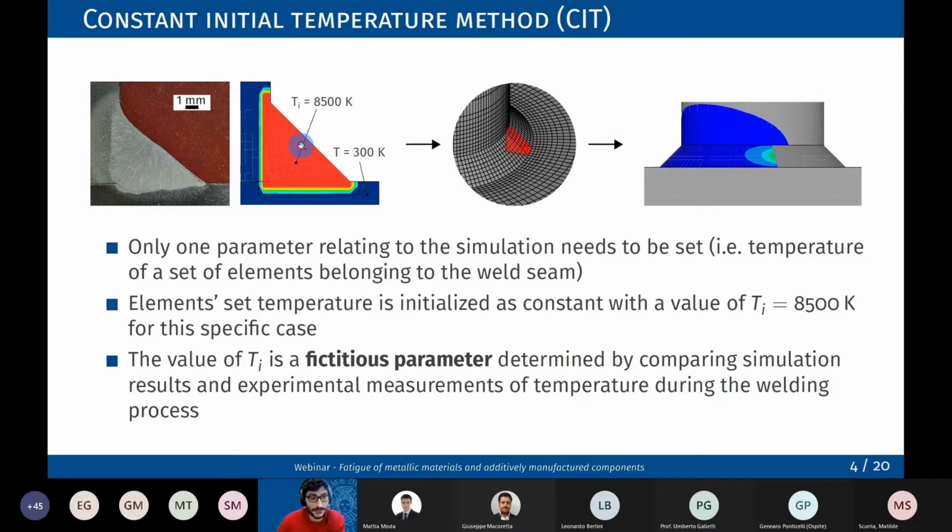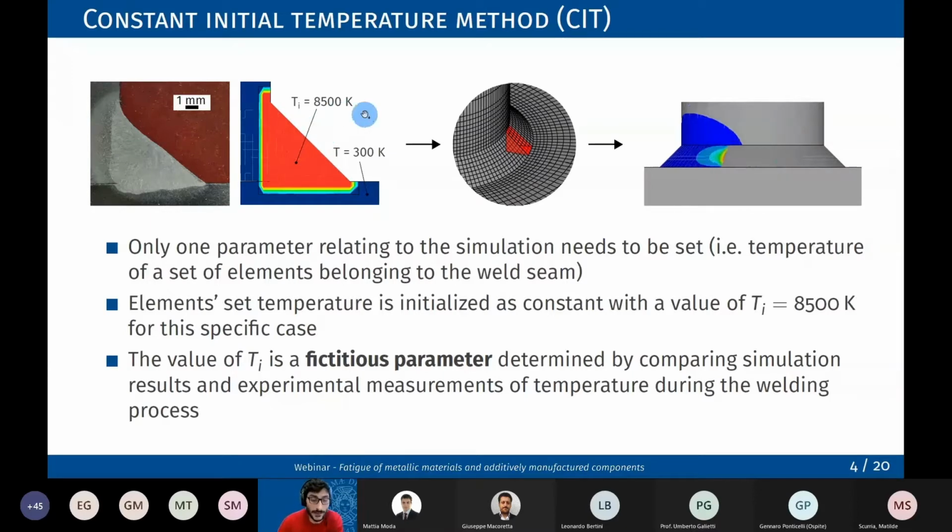The thermal profile was created by subsequently activating some sets of elements belonging to the weld seam at the initial temperature, that is a constant temperature. So this Ti, which in this case is 8,500 Kelvin, is the only parameter to be set for this model.